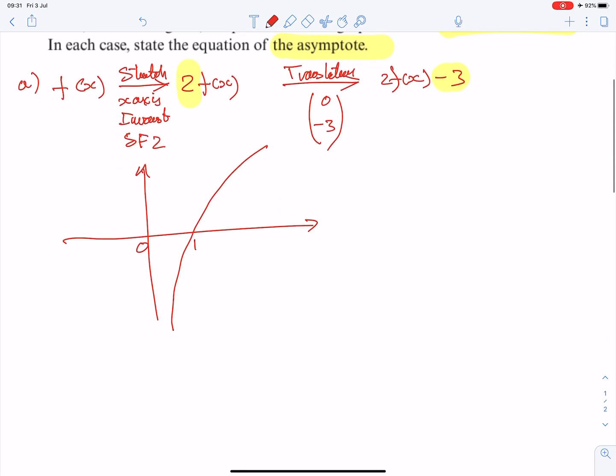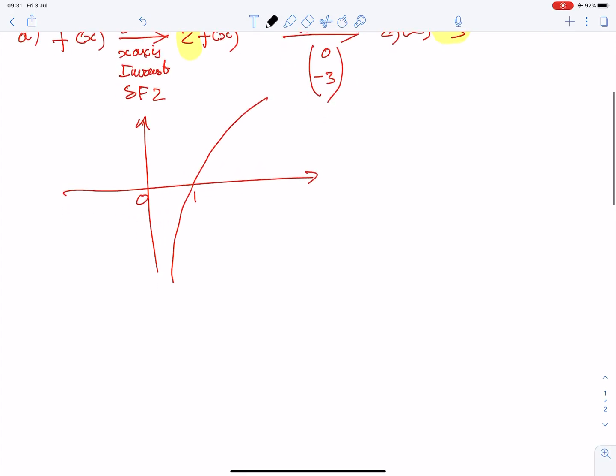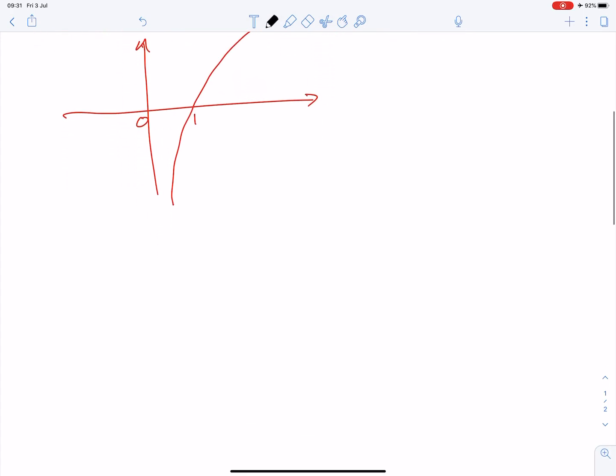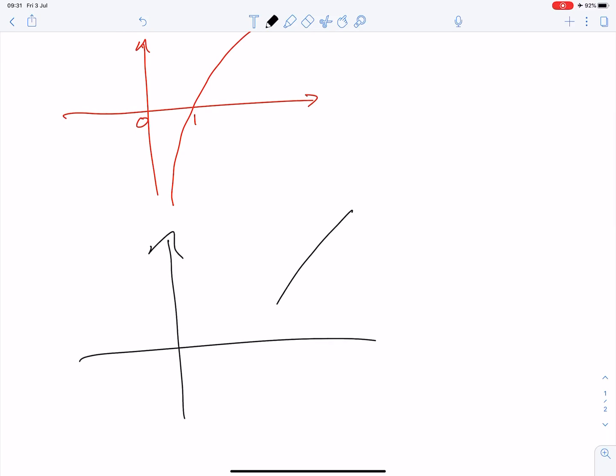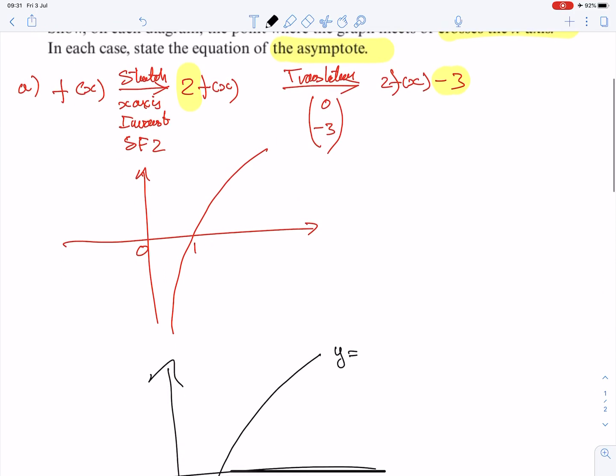Now we're ready to write out our answer. When we move it up or down, the shape basically doesn't change. So we've got this shape. Let's tidy that up a bit so it carries on going up. That's better. So that's y equals 2 ln of x minus 3.